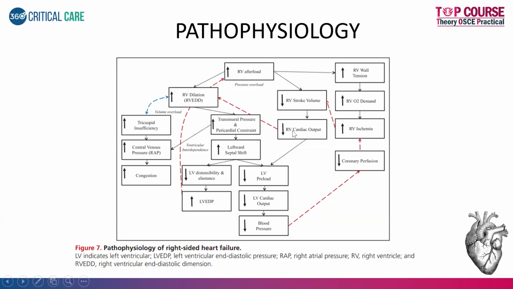Later on, it can worsen when the ventricular interdependence is lost and also lead to decrease in coronary perfusion. In the same way, because of the dilation of the right ventricle, there is increased transmural and pericardial constraint, which causes the leftward shift of the septum, which causes drop in cardiac output and which leads to drop in blood pressure. So this is usually the pathophysiology associated with RV failure.